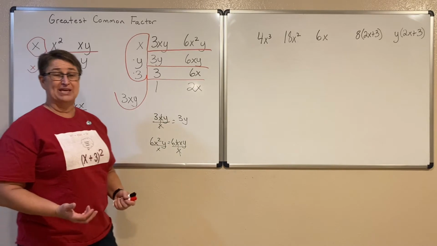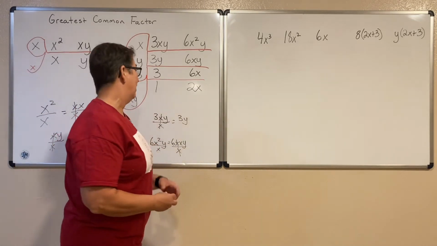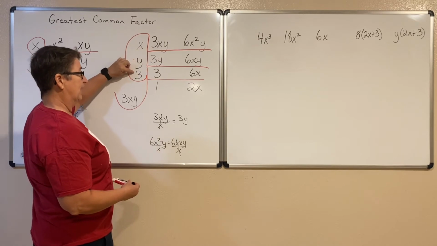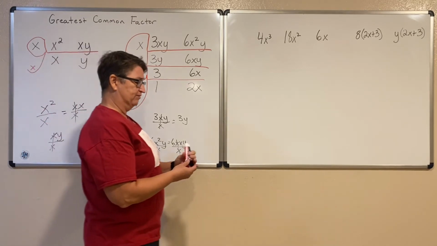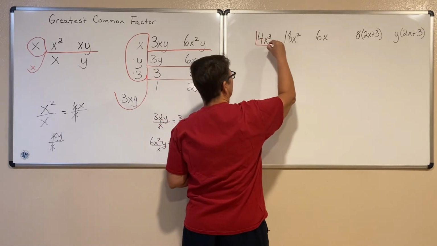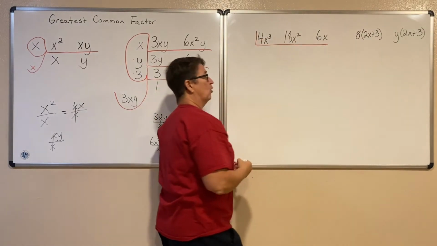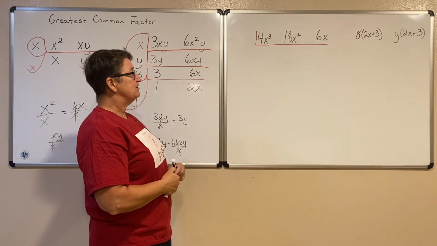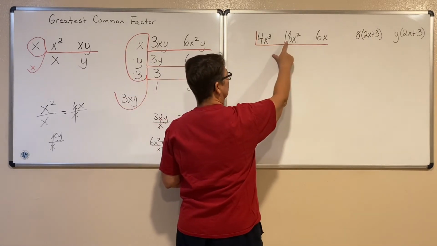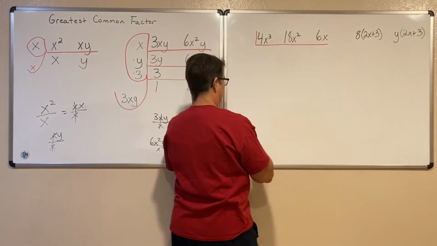Hopefully we begin to get a little better at this, and we don't have to go through the process of just doing one factor at a time. Our goal is to get to the point where we see bigger factors all at once. So for instance, I notice in this one that a 2 goes into all of those numbers.